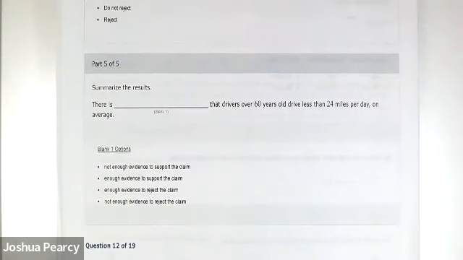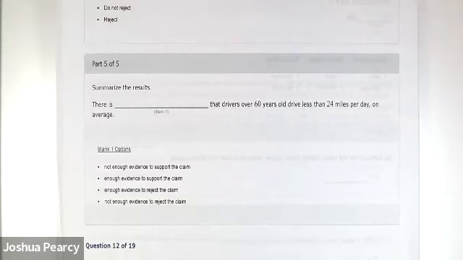It says there is blank that drivers over 60 years old drive less than 24 hours per day on average. This part is kind of a pain. It says not enough evidence to support the claim, enough evidence to support the claim, not enough evidence to reject the claim, or enough evidence to reject the claim.